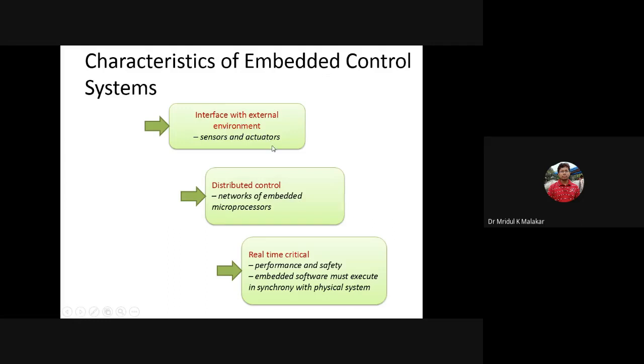What I said is that it will take data from the external environment through sensors and actuators. Then the distributed control network inside the processor: how will it distribute the control system inside the embedded network or hardware system?